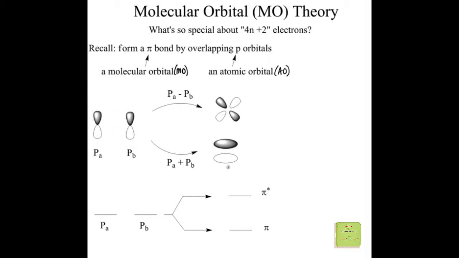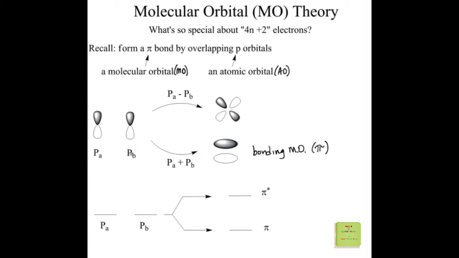So your new molecular orbital is going to look like this, where you have a large lobe on the bottom and a large lobe on the top. We describe this as a bonding molecular orbital. And we call this bonding molecular orbital a pi molecular orbital. And that's exactly what a pi bond looks like, right? We have a cloud of electron density above and below.